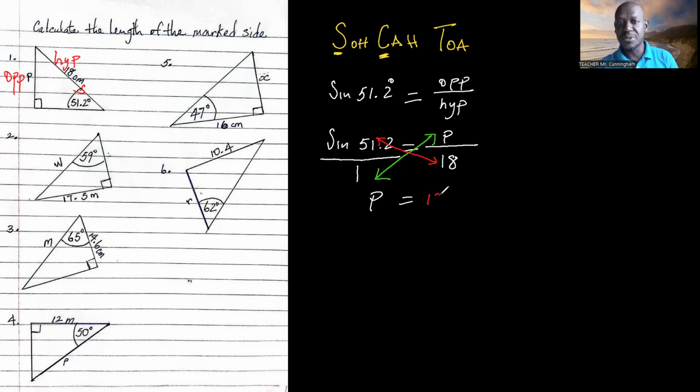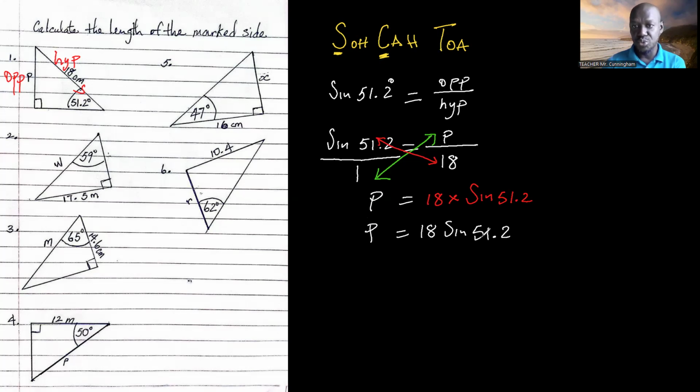You write the number first: 18 times sine 51.2. When you're writing this, you're going to write it as P is equal to 18 sine 51.2. It's understood that it means multiply. All right, how much is that?